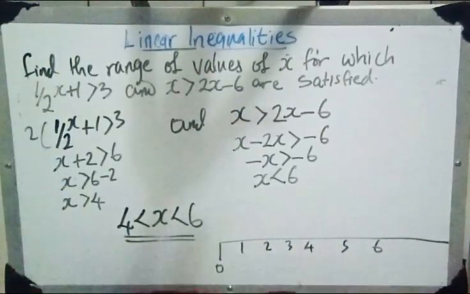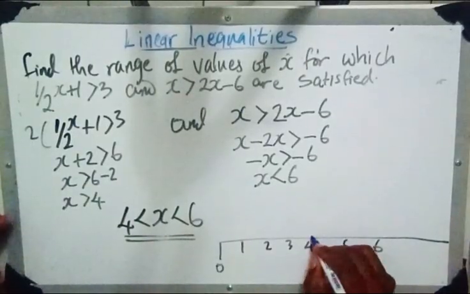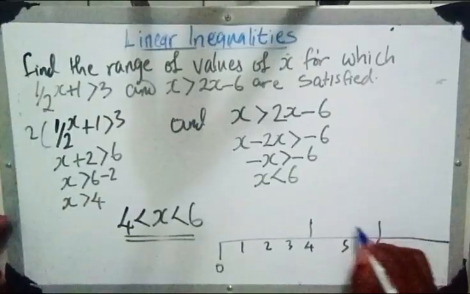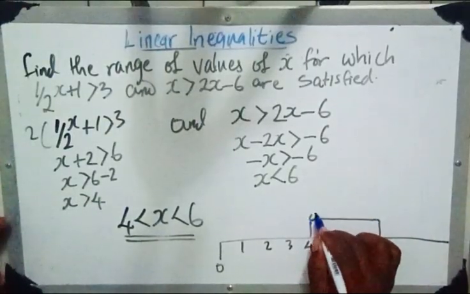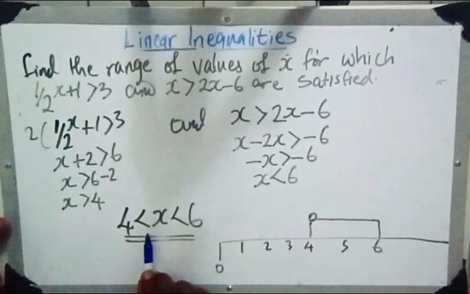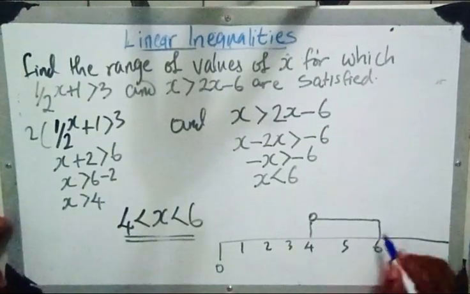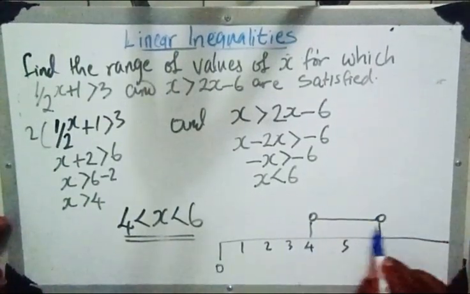Since they are connected, it means this is going to start from 4 and end at 6. Now, in both cases, it is only less than, but not equal to. So that means both circles at the points 4 and 6 are going to be open.